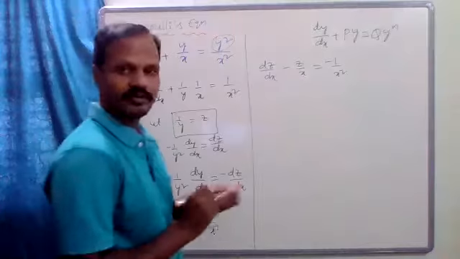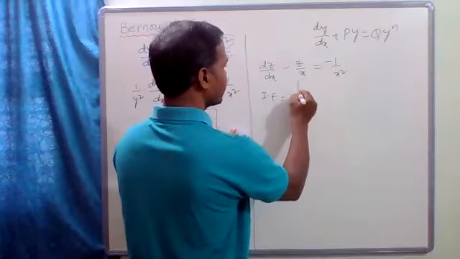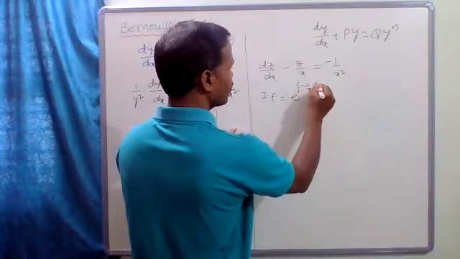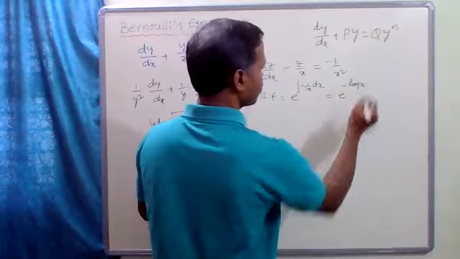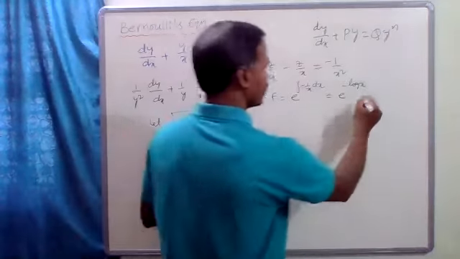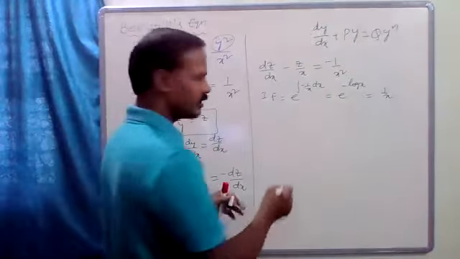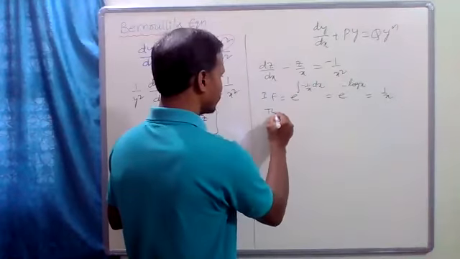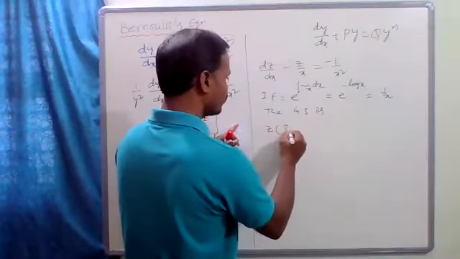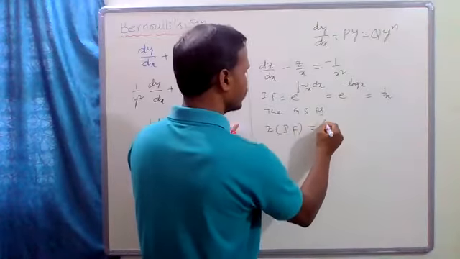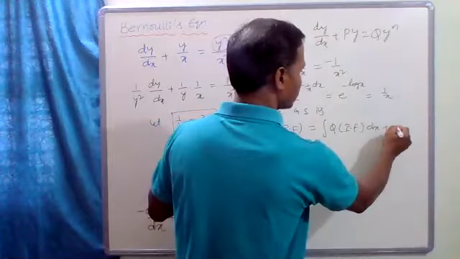Now we have to find IF. IF equal to e power integral minus 1 by x dx, which equals e power minus log x, which equals 1 by x. Now the general solution is z into IF equal to integral Q into IF dx plus c.